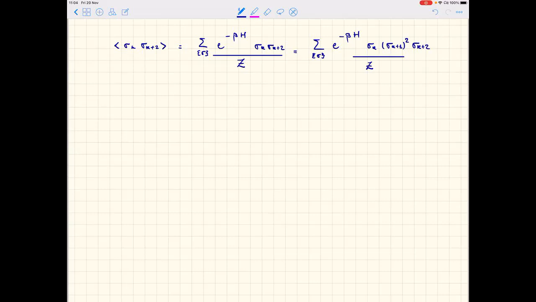How do you do that? Well, because sigma is equal to plus or minus 1, and therefore sigma k plus 1 squared is always equal to 1. This is for the Ising model, not the Potts model. It is equal to 1 because sigma k is equal to plus or minus 1.